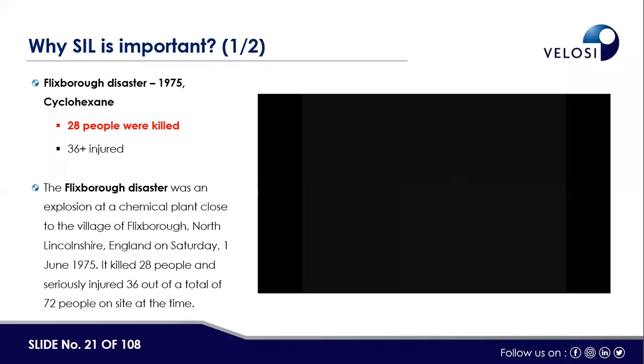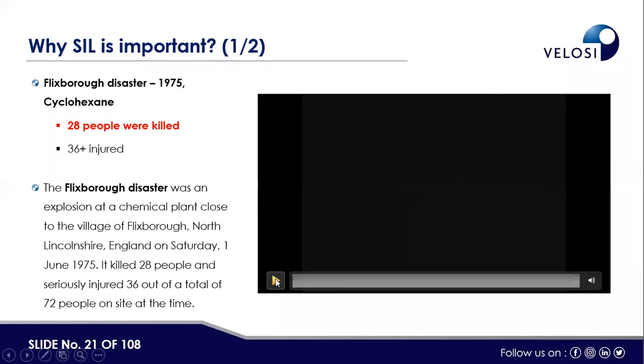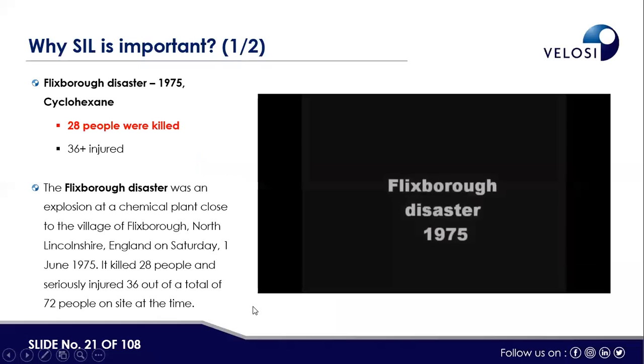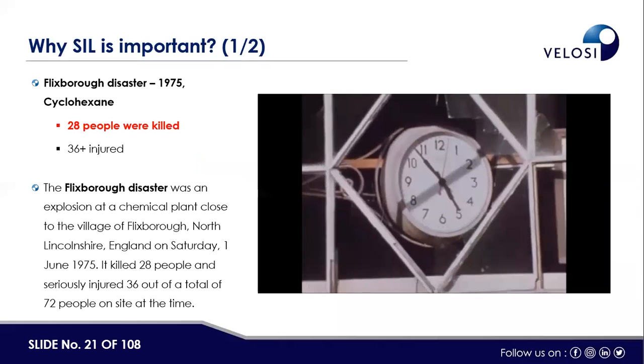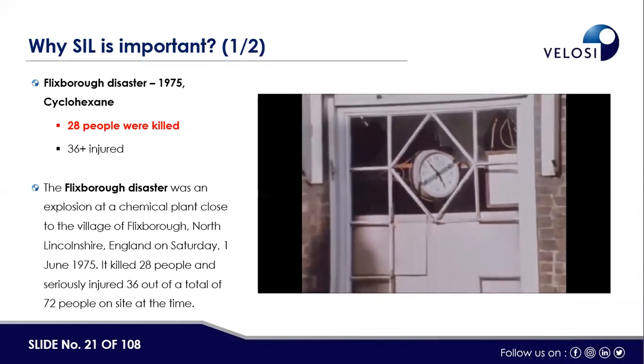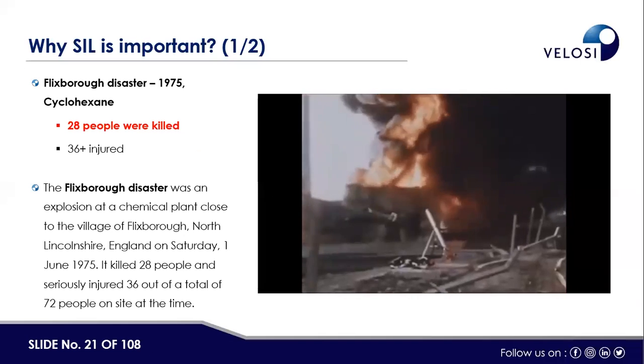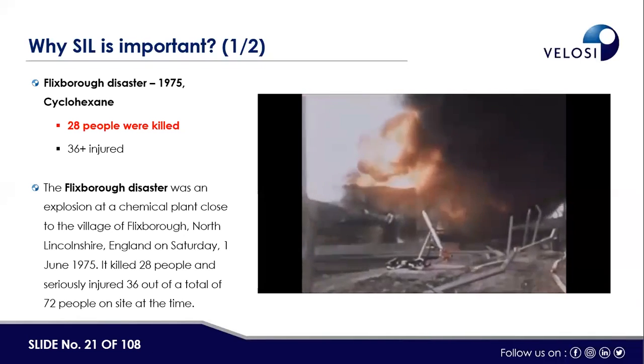So why is SIL important? From a conceptual point of view, look at these incidents which occurred from 1975 onwards, such as Piper Alpha, which caused many fatalities and loss of property as well.